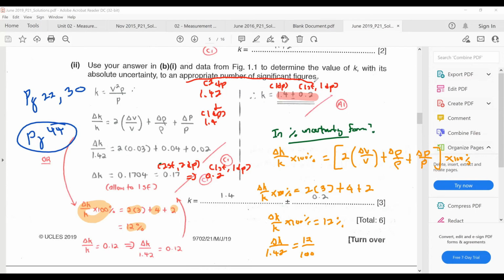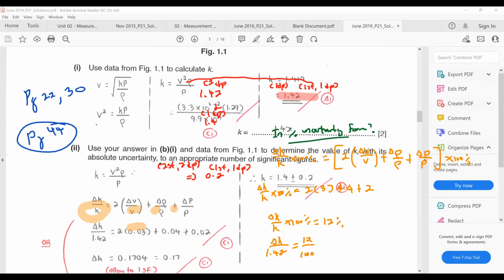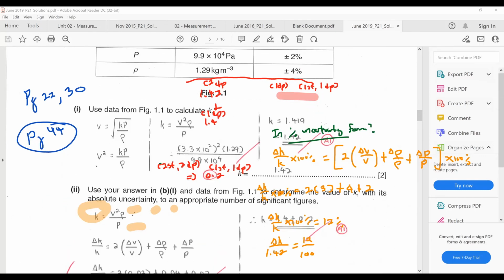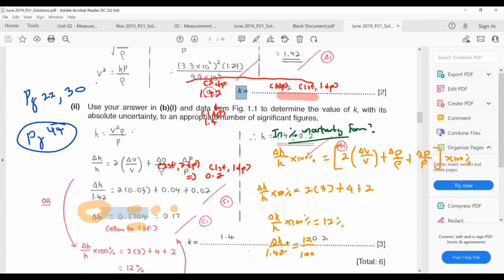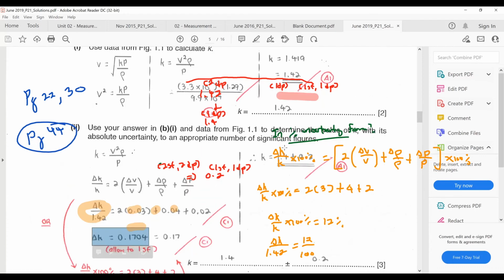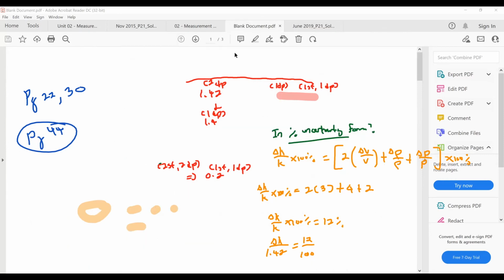Okay, so now you notice that this one, basically, they've started to split up the questions. First, they ask you to find K. Then they ask you to find the absolute uncertainty. If you compare with the last two questions that you just did, they were actually asking you the same thing, but they grouped everything together.